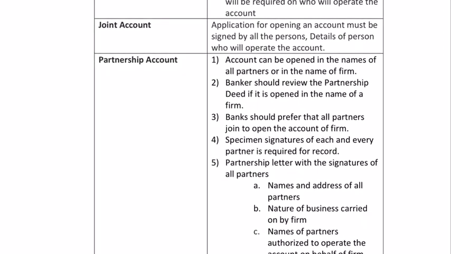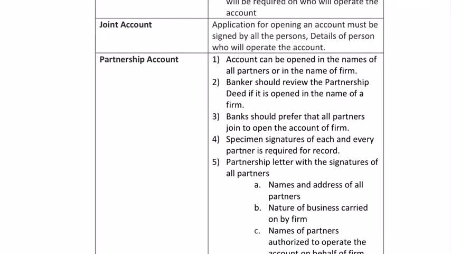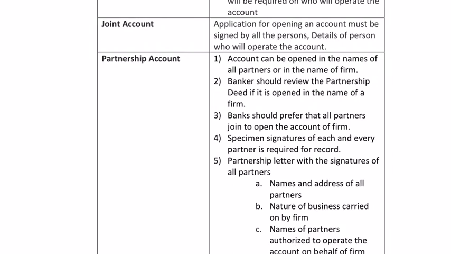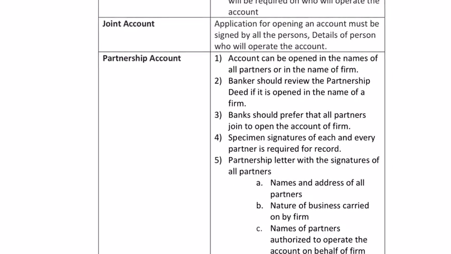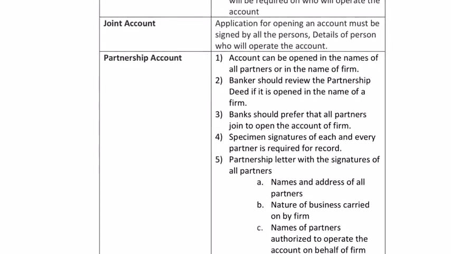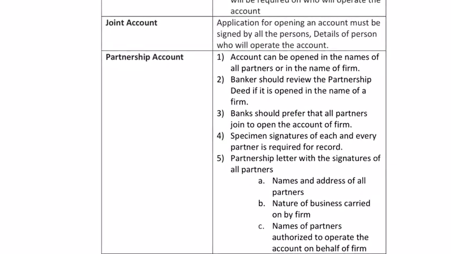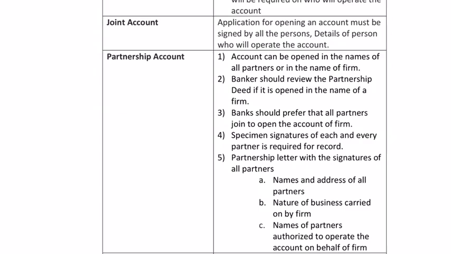And there is also a partnership letter which is required, and it has the signature of all partners. It has names and addresses of all partners, the nature of business that is carried out by the firm, and also it gives the details of persons who are authorized to operate the account on behalf of the firm.